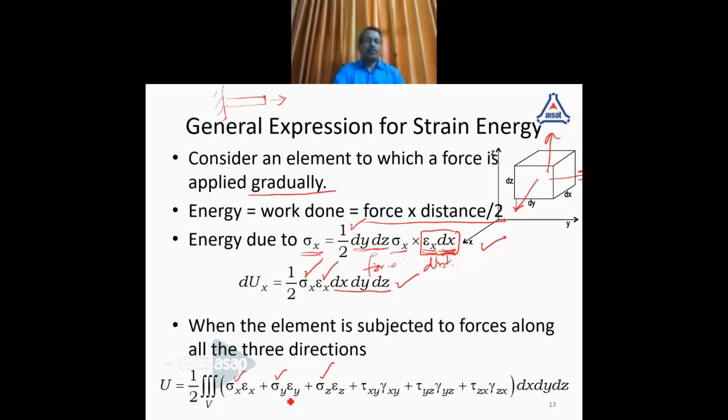Similarly, these two. Here, tau xy is the shear stress developed along the y direction due to the load applied along the x direction. And due to this shear stress, a shear strain is developed, which is called gamma xy.